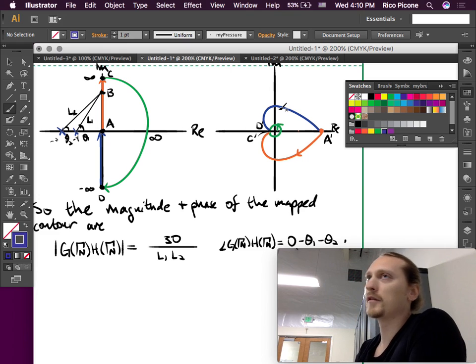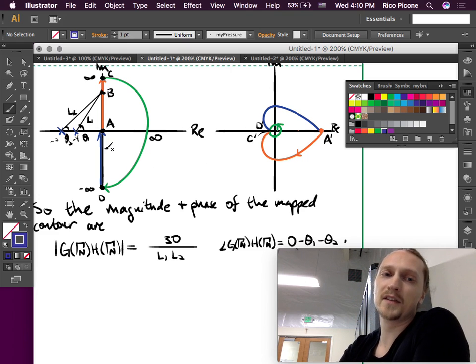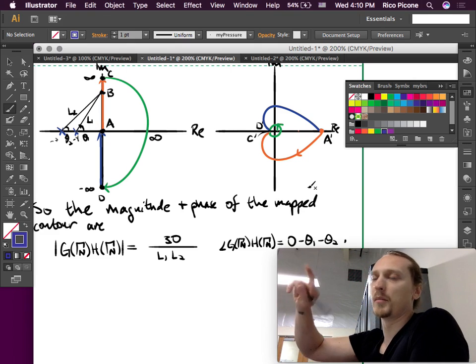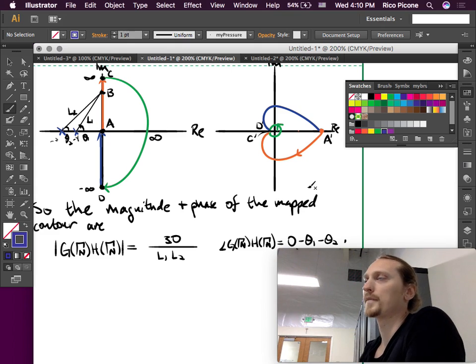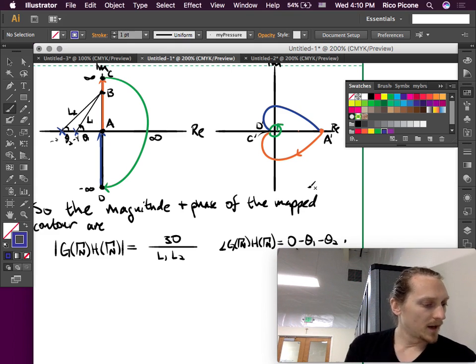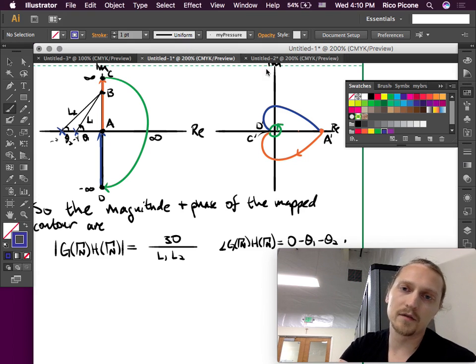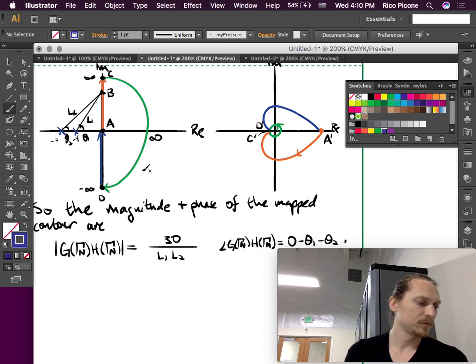The negative imaginary axis is always the same as the positive imaginary axis, but just a mirror image about the real axis. The Nyquist plot is always symmetric about the real axis, and the positive j omega axis is essentially a mirroring of the negative j omega axis.